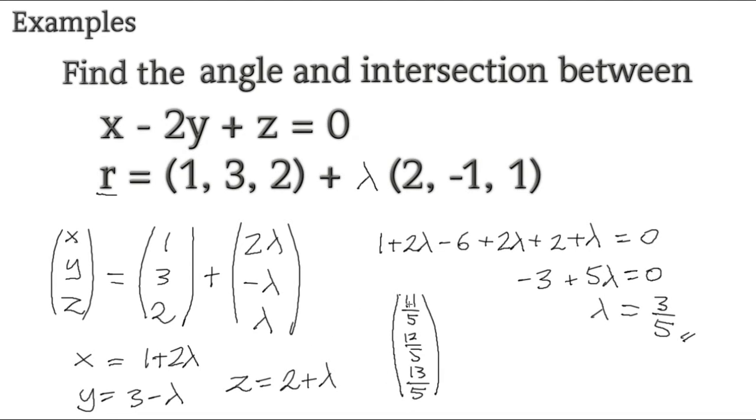So x is 11 on 5, y is 12 on 5, and z is 13 on 5. That concludes the intersection bit, and now we want to find the angle.